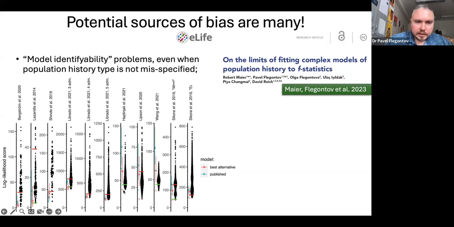For example, in this case, we see that we found dozens of alternative models which fit nominally better than the published one here in blue. And the best alternative model, and actually this large set of alternative models, fit significantly better than the published one. The green line shows the approximate boundary between models that fit significantly better and those that don't.